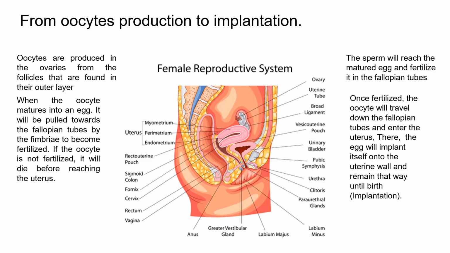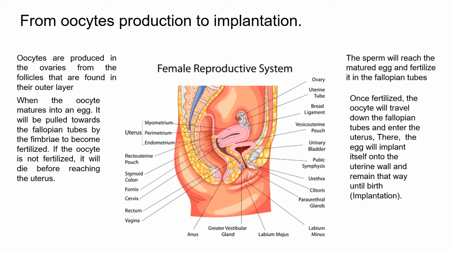After the oocyte production in the ovaries, these oocytes mature into an egg, and then it is pulled towards the fallopian tubes by the fimbria to become fertilized. If the oocyte is not fertilized, it will die before reaching the uterus.